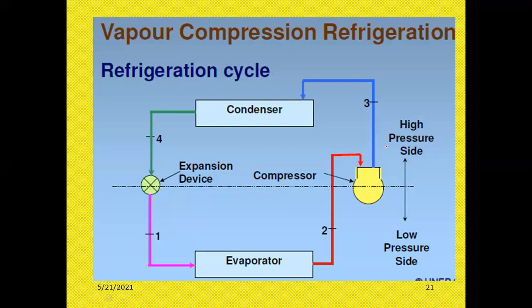From the compressor, the blue color indicates the cooled air is passed into the condenser. From the condenser, it goes into the expansion valve, and from the expansion valve, it passes again to the evaporator. So this process takes a cyclic form: 1 to 2, 2 to 3, 3 to 4, and 4 to 1.